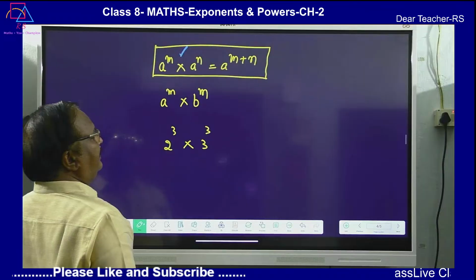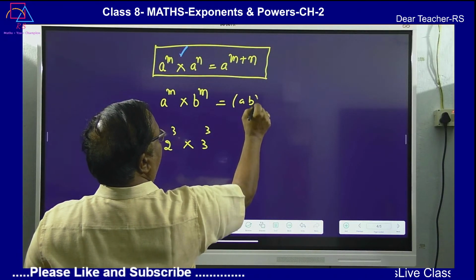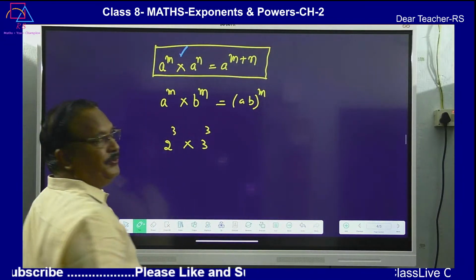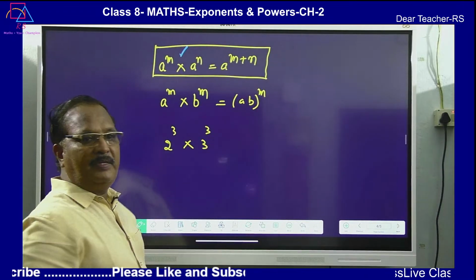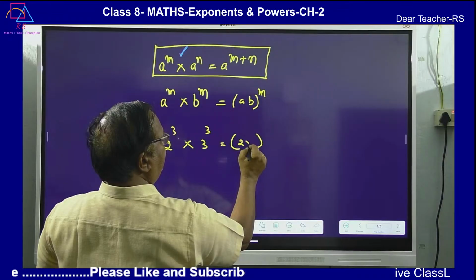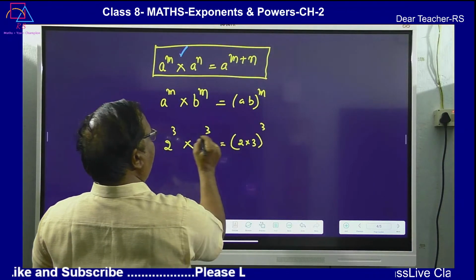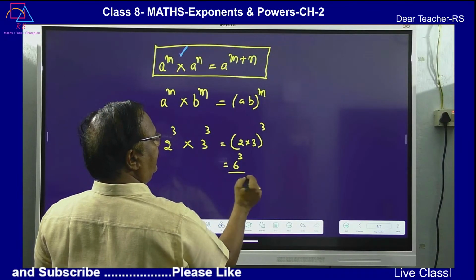Then you can multiply the bases. That means a into b whole to the power of m. So here 2 into 3, 6, whole to the power of 3. Whatever the same power is there, you have to write there. It is equal to 6 to the power of 3.